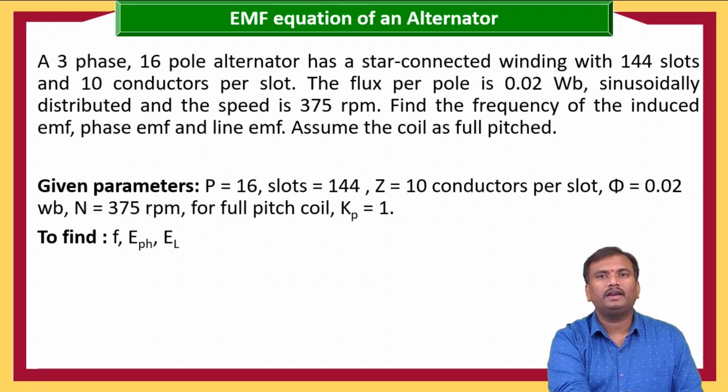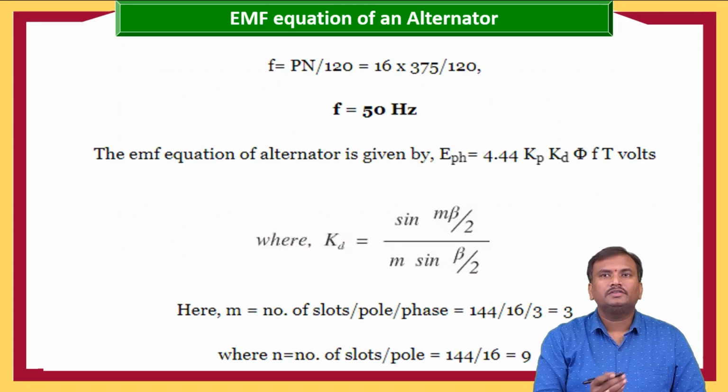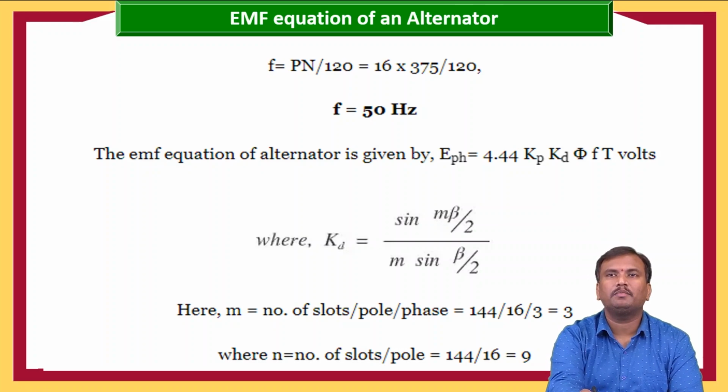We need to calculate the frequency, E phase and E line. In order to calculate, first let us calculate the distribution factor. First, frequency is equal to Pn by 120, that is 16 into 375 by 120, where we are going to get the frequency as 50 Hz.